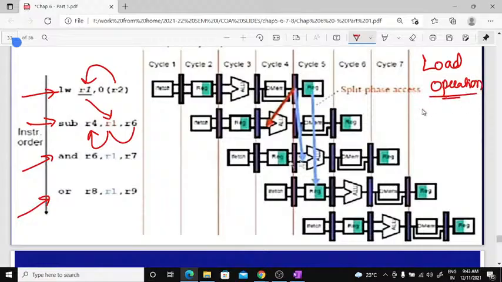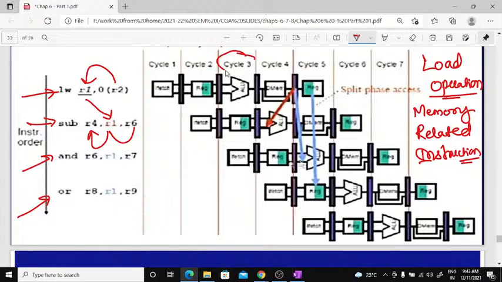Load and store are memory related instructions. Actually here, our architecture is a 5 stage architecture. In clock cycle 3, the arithmetic logic unit (ALU) operation will be there.